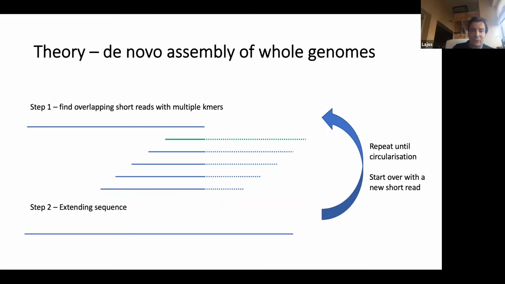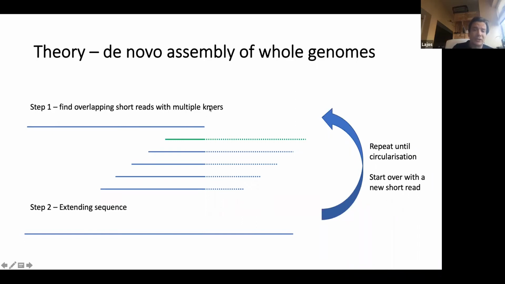So what's the main theory behind the de novo assembly? You have millions of short read sequences, shown here with this blue line, and the assembler starts with a lot of different short reads, slicing them into even shorter parts called k-mers.